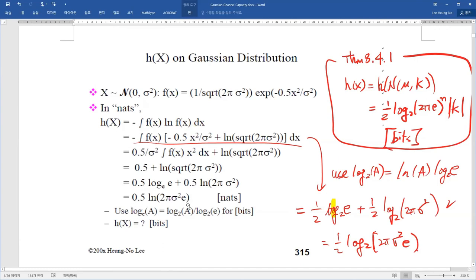Doing it in nats first, we use the natural log here, and just by substituting this f(x) into the argument of the natural log, we have this.